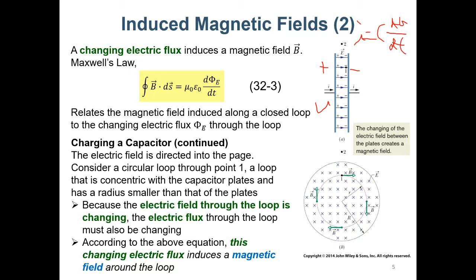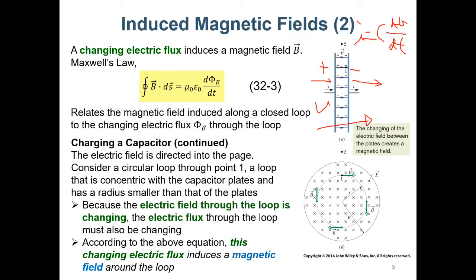There is not a real current going from this side to this side, but as long as the charge accumulated on these two plates can vary, the AC signal can go through it.